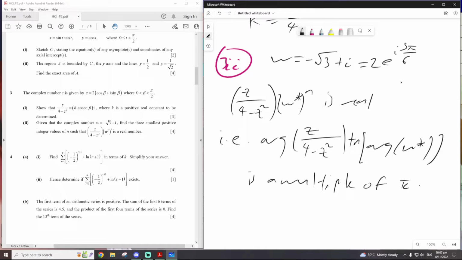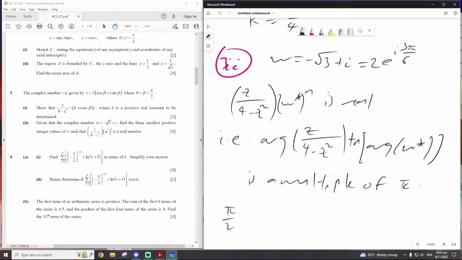Because all the real numbers have argument 0 and pi. So we have the argument of z over 4 minus z squared is actually quarter cosecant beta, which is just a positive constant. So the argument of that is just pi over 2. So pi over 2, and w conjugate is negative 5 pi over 6.